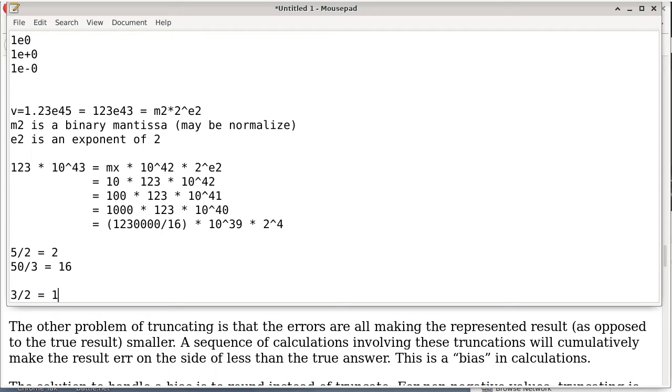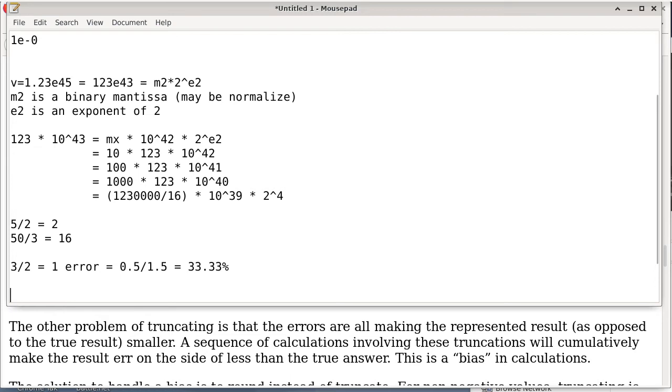But how does it compare to the actual answer? What is the actual value of 3 divided by 2? 1.5, right? So what is the error? The error is how much off it is from the actual value. In this case, the error is 33.33333%. Not really that good.